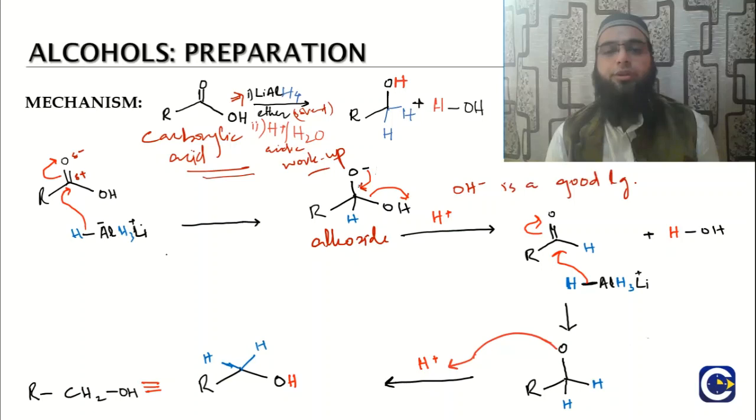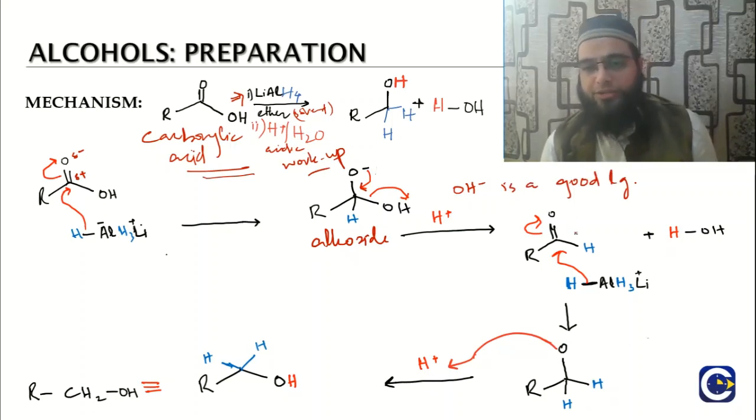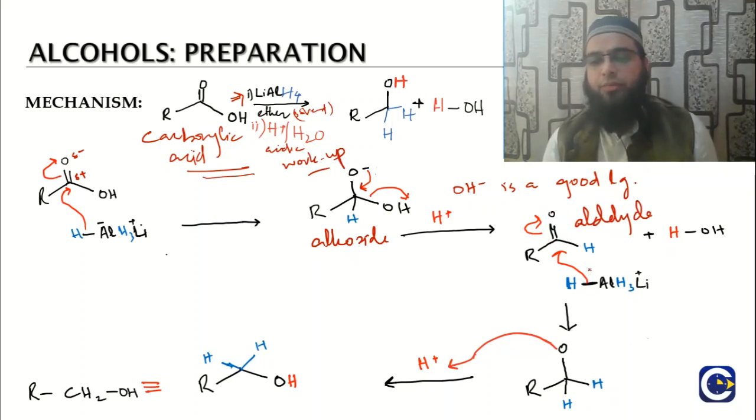Therefore the electron pair comes in, forming the double bond between carbon and oxygen, and in this step we get an aldehyde, yet another carbonyl compound. From here the mechanism follows what we have shown for the reduction of aldehydes by metal hydrides.